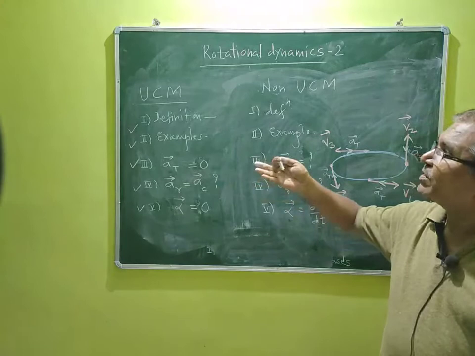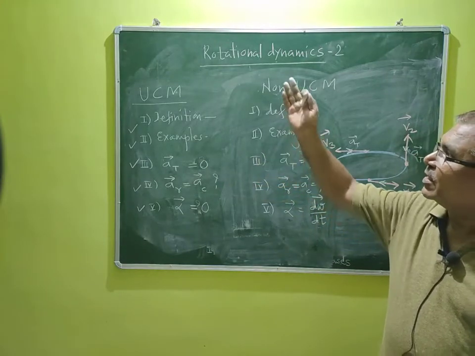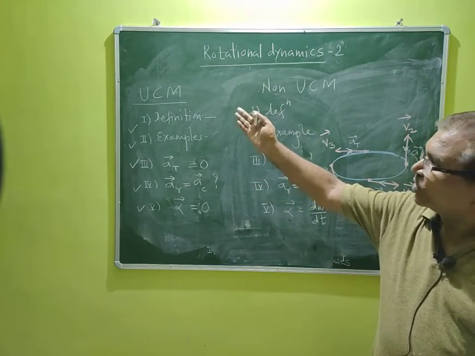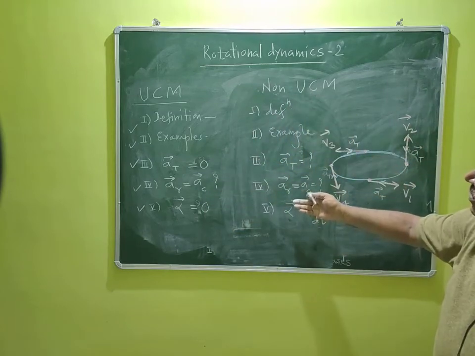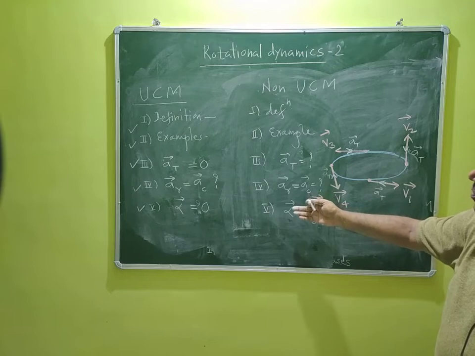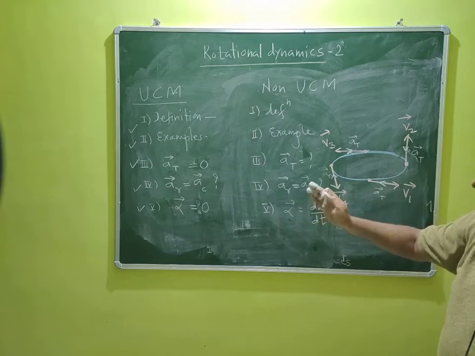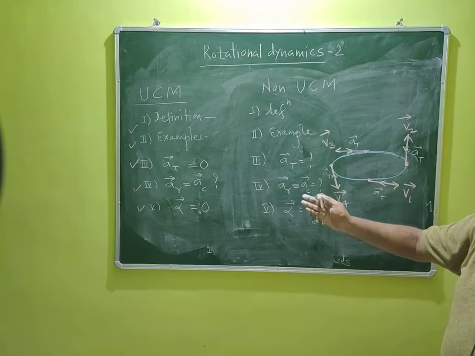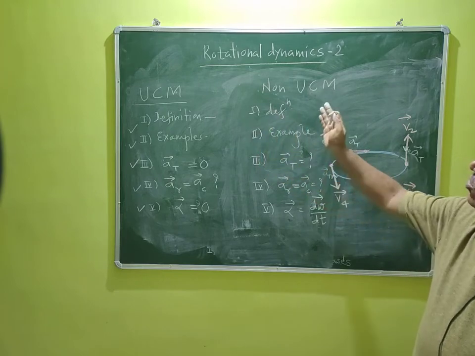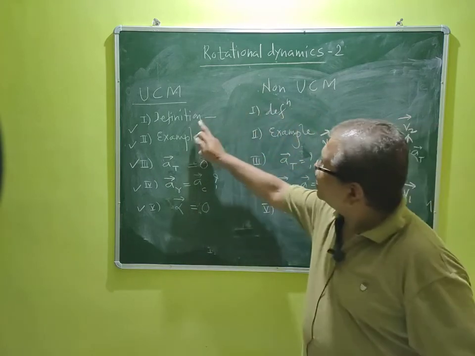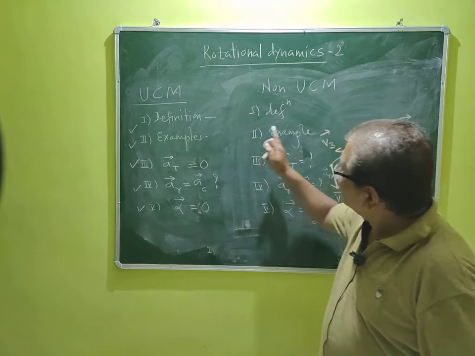There may be a possibility of asking a question like this: explain uniform circular motion. So explain with the help of these 5 points. Explain non-uniform circular motion with the help of these 5 points. Or instead of such a question, the next question is distinguish between uniform circular motion and non-uniform circular motion. Definition, example.